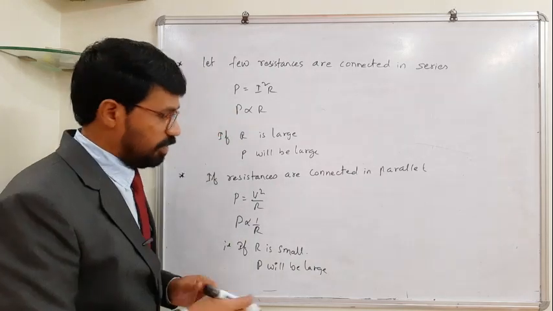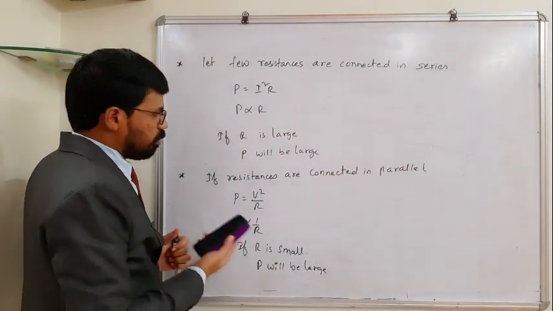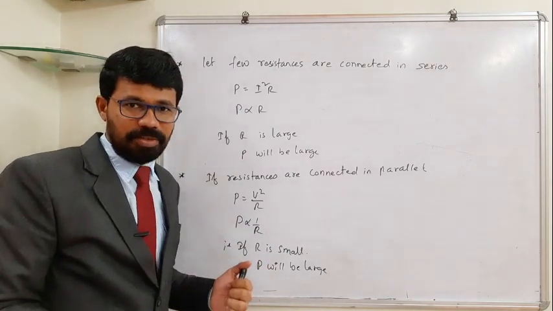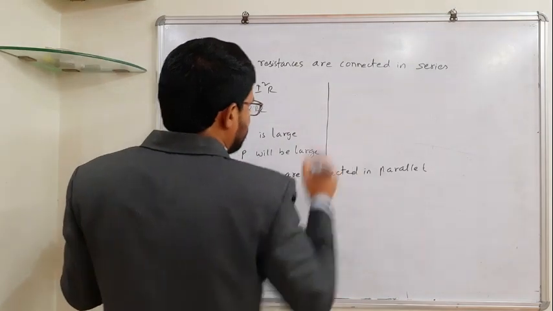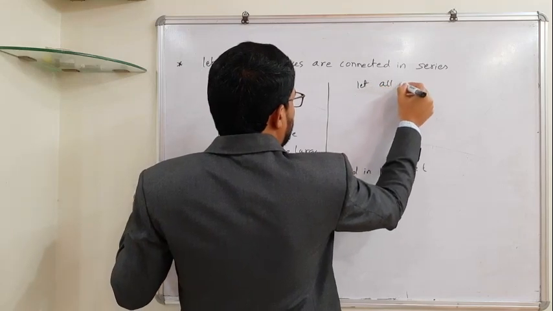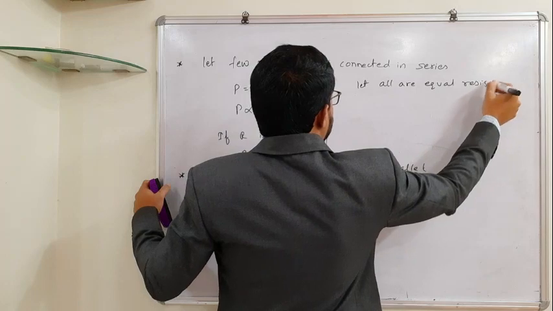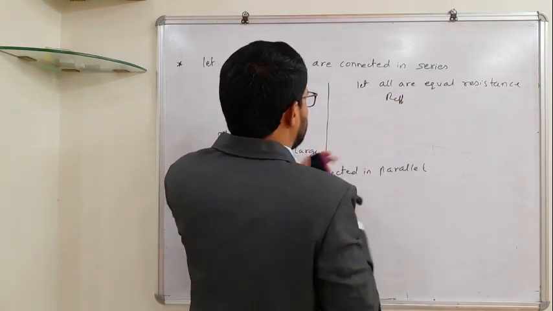Let us try to understand one more small point connected with this one. I'm going to take identical resistances. All are equal resistances only. If this is the situation, what is the effective resistance of the series combination?